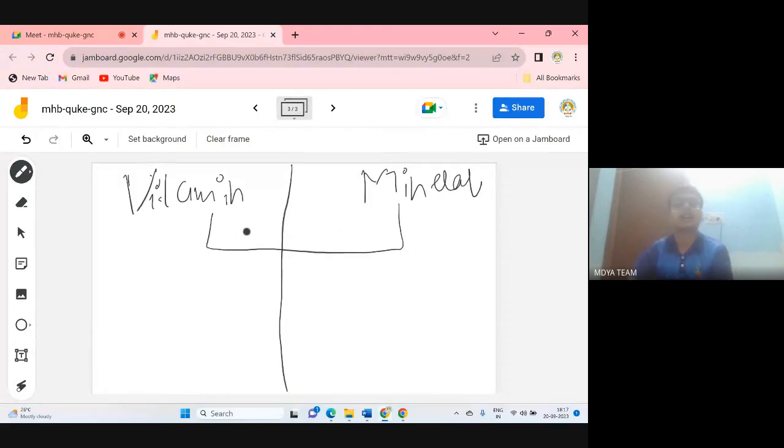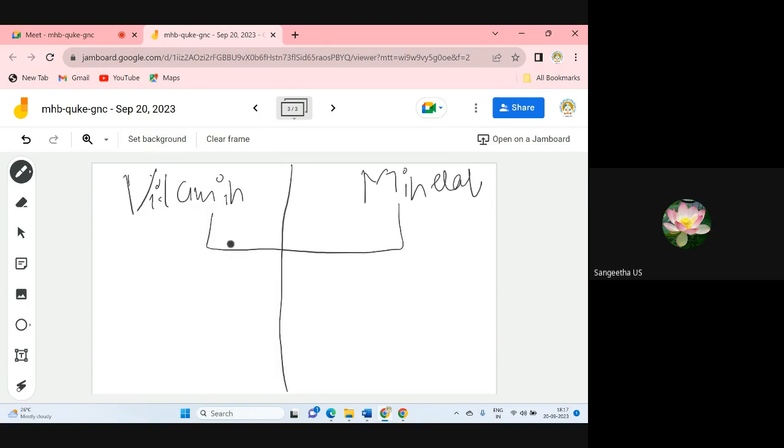So all those chemical substances which do not fulfill the conditions for carbohydrate, protein, and fat come under vitamin and mineral. So what is the basis of classification in vitamin and mineral? Can anyone tell? What was the question?